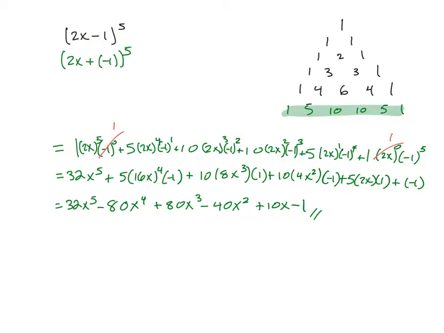Okay, my second exercise on this video, I'm going to have x squared plus 2 to the cube. So in this one, I'm just going to mark on the same triangle up there. Let me mark it in purple. I'm going to use this term right here. So my coefficients here are 1, 3, 3, 1.